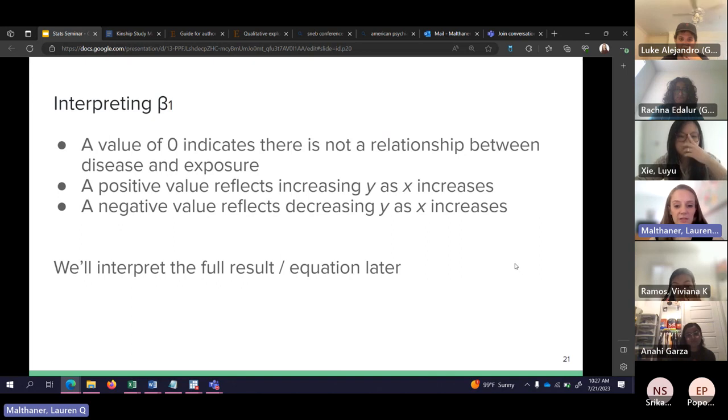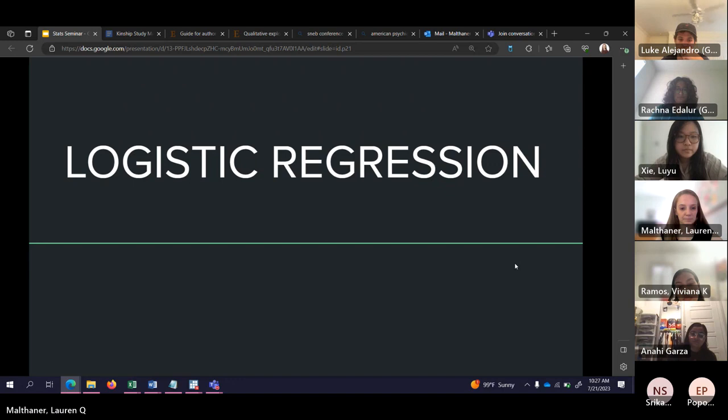A positive value reflects that Y increases as X increases, so your outcome increases. And a negative value reflects that your outcome decreases as X increases. And we'll do an example of this in a little bit.